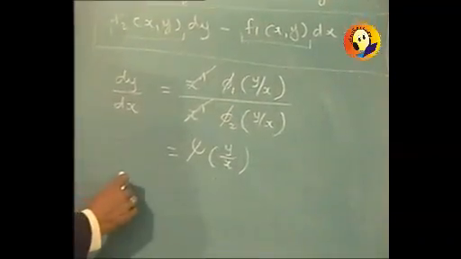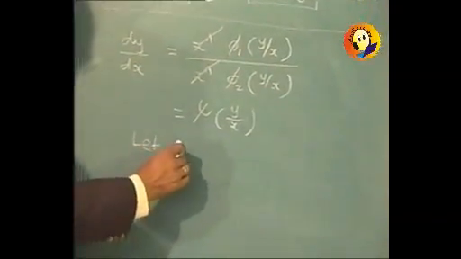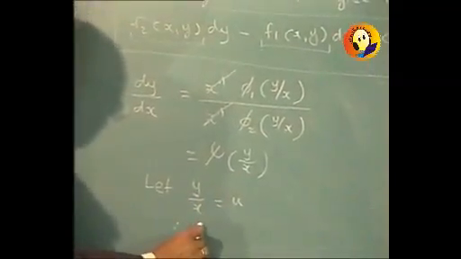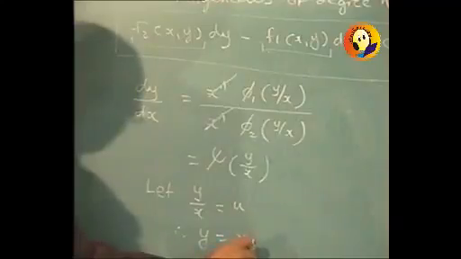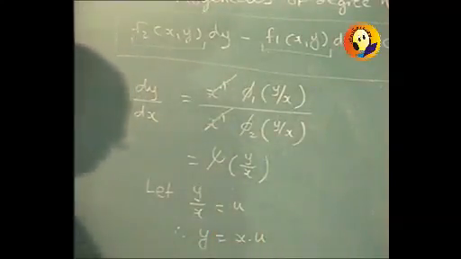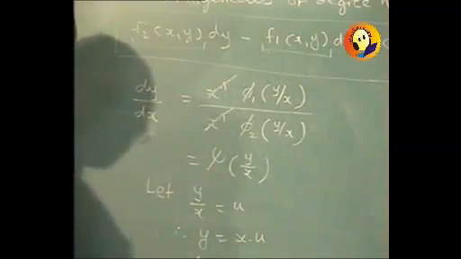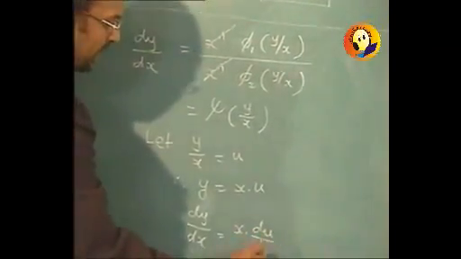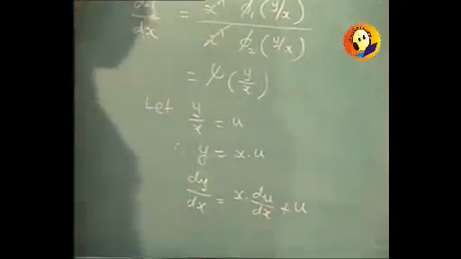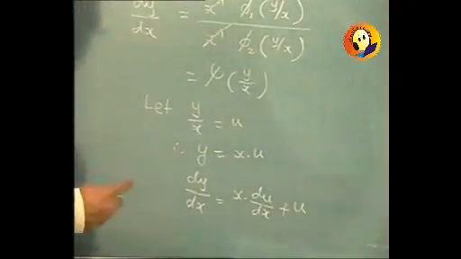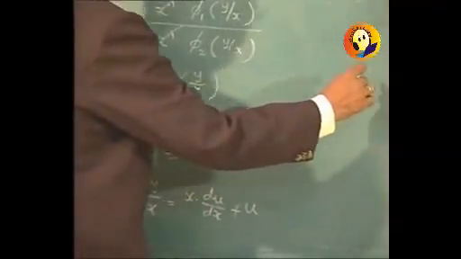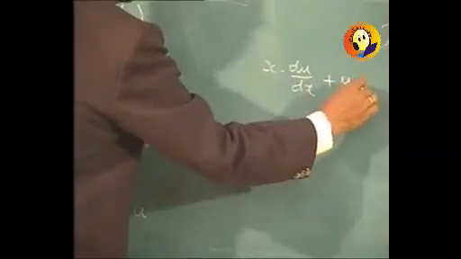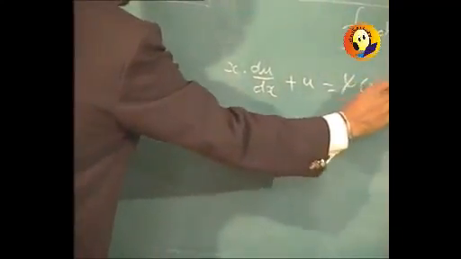Now we can make a substitution, that is, let y by x is equal to u. Therefore, y equal to x into u, and differentiating both sides with respect to x, dy by dx equal to x into du by dx plus u. We will get the given equation as x into du by dx plus u equal to psi of u.